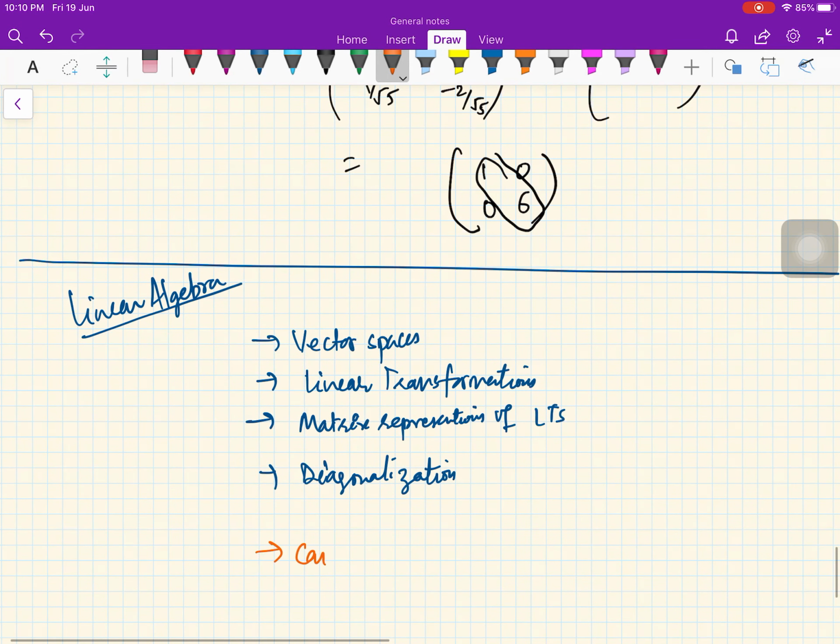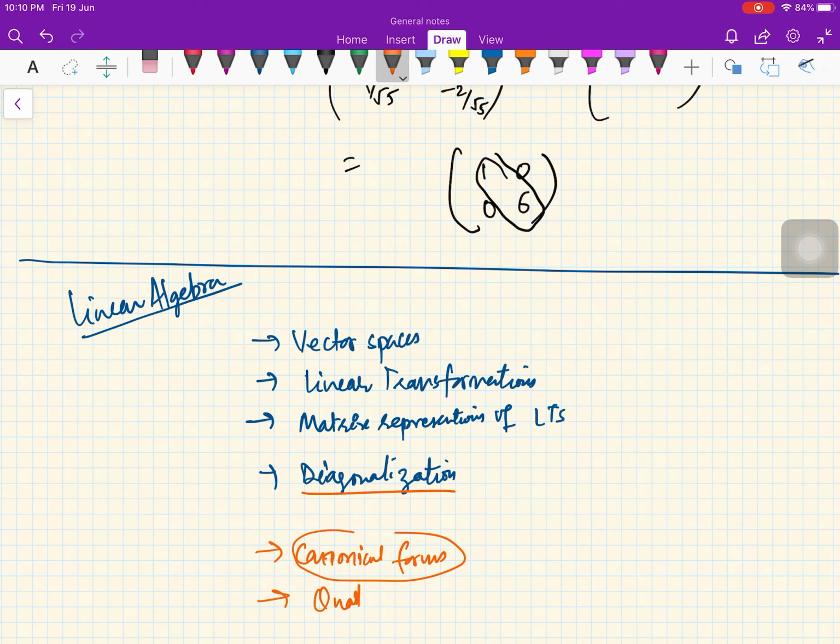After that we are left with some other canonical forms. Diagonalization is also one of the canonical forms, diagonal matrices, but we'll look at the weaker canonical forms, and then we have to look at something called quadratic forms, and so on. Here we'll talk about something called Jordan form and triangular forms, right?